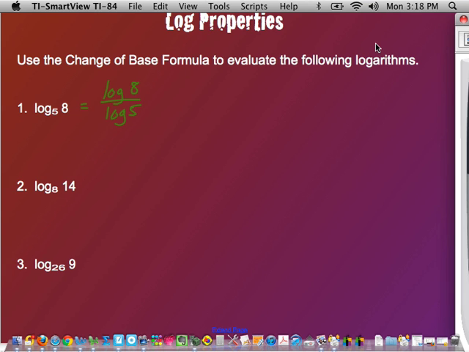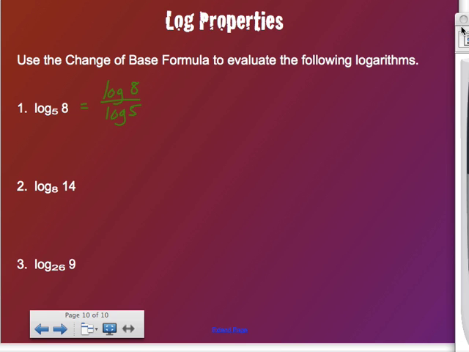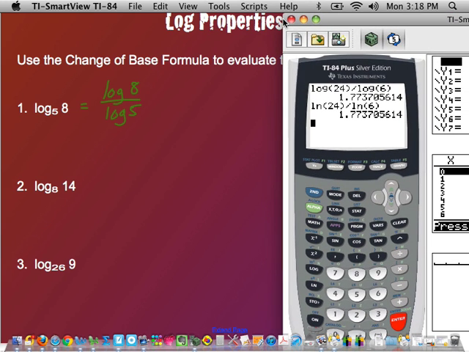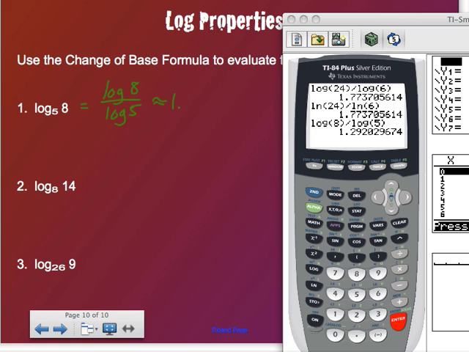Bring back my calculator. I'm going to do the log of 8 divided by the log of 5. And when I hit enter, I think I get approximately 1.292.